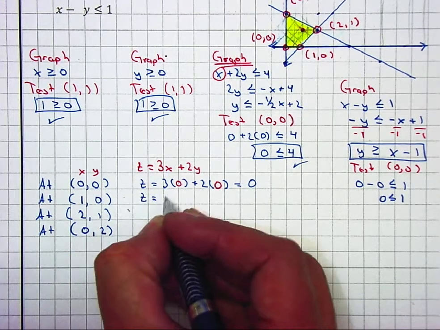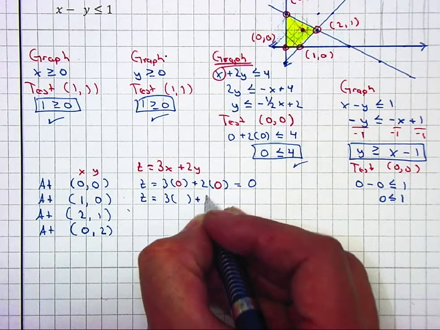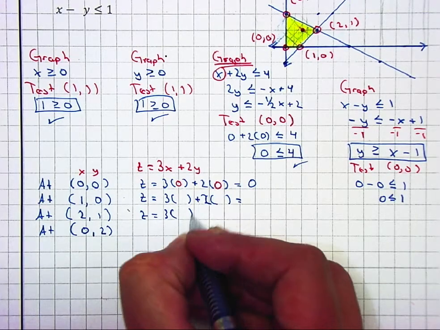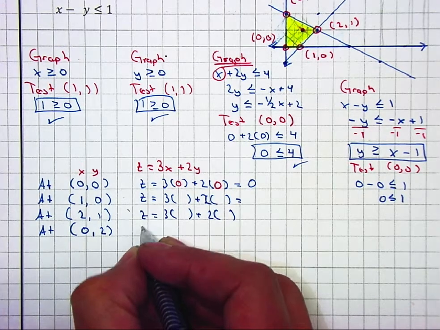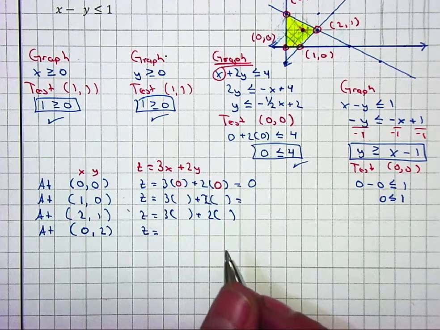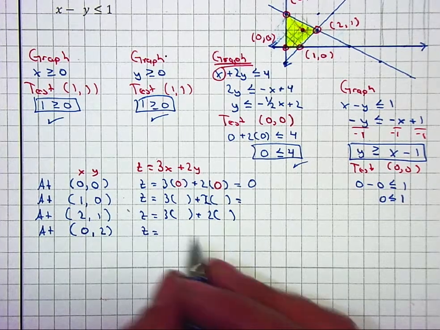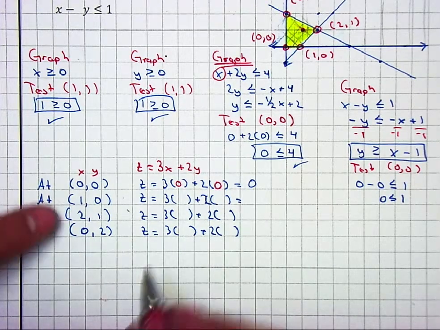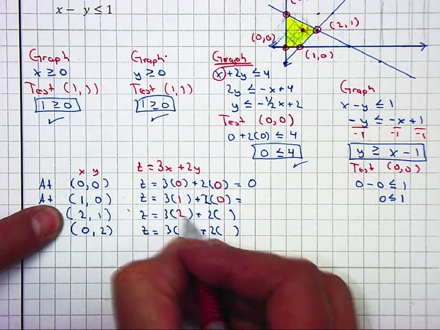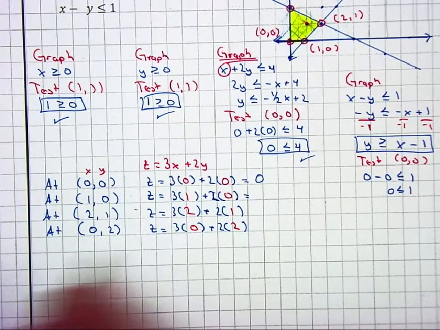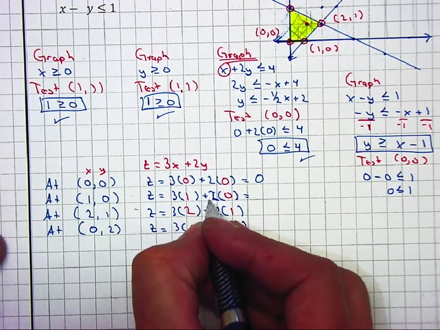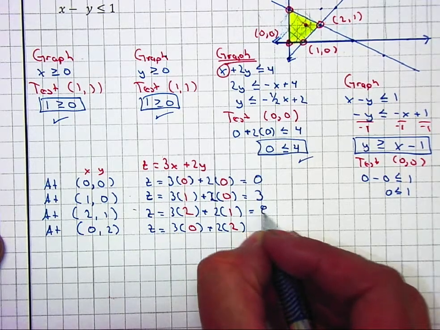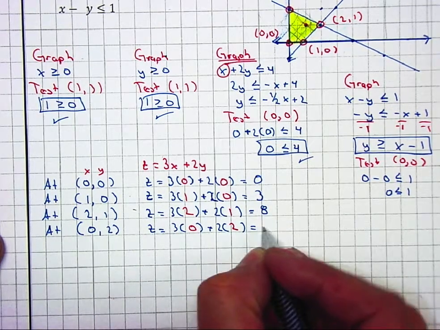I'm going to plug them into my objective function to determine the maximum or minimum value or cost. 1, 0, 2, 1, 0, 2. I'm going to evaluate each one, so it gives me 3 plus 0 is 3, 6 plus 2 is 8, and 0 plus 4 is 4.